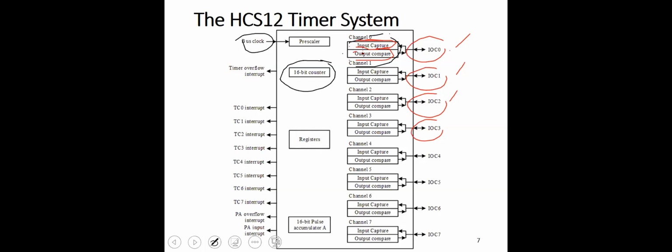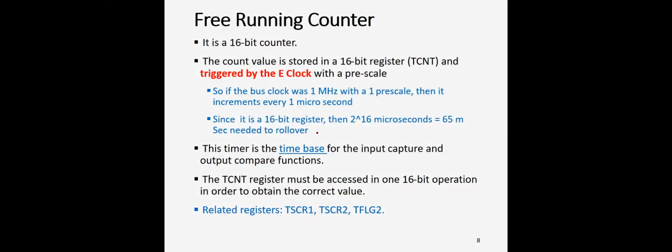So these pins can be used to monitor some event that is happening outside. And once a falling edge or a rising edge occurs here, we can take the current time from the free running counter and store it in the channel capture register, in the corresponding capture register. So this is basically the idea of the input capture.